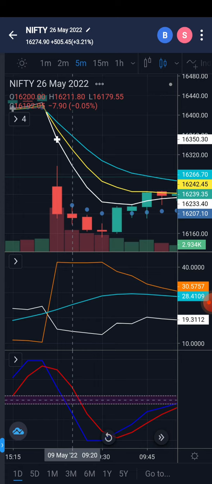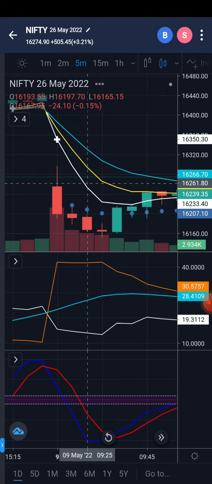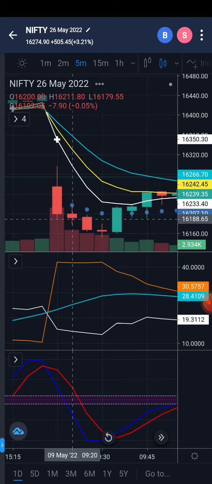One more case: if the candles are formed above the VWAP and D plus is above, but RSI is going down, then we will not consider that trade because it is risky. Similarly, if the candles are formed below the VWAP and the trend is negative, that is the D minus is dominating, but the RSI is going up, then we will not consider the trade.